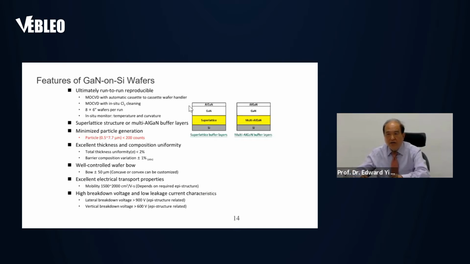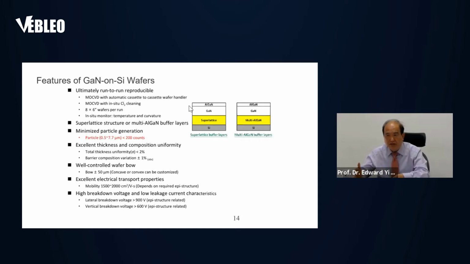So this kind of gallium nitride on silicon, right now we can do at very good quality. Including that, we have very uniform run to run, the superlattice performs very well, and then we have low particle generation, good uniformity in thickness and composition, and bow is very minimal.